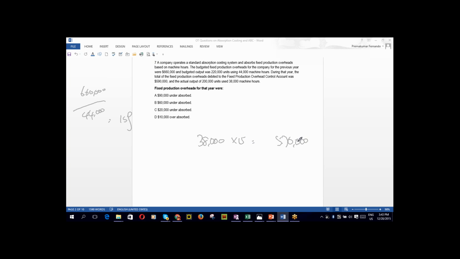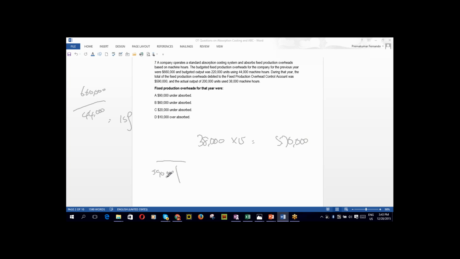And they say during the year, the total fixed production cost was 590. So actual expenditure is 590. But how much have we been absorbing? 570. So what has happened? Is it over or under absorption?